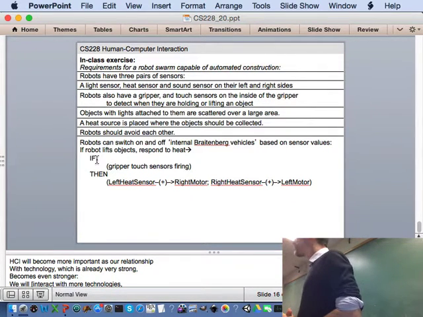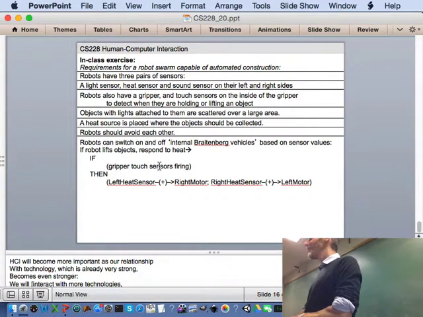Then the question is, once the robot detects that it's in a given state, like holding an object, the robot is going to change its interaction, and in this case not with the user, but with the physical environment. And the robot is going to change the way it interacts with the environment by invoking a different Braitenberg vehicle.